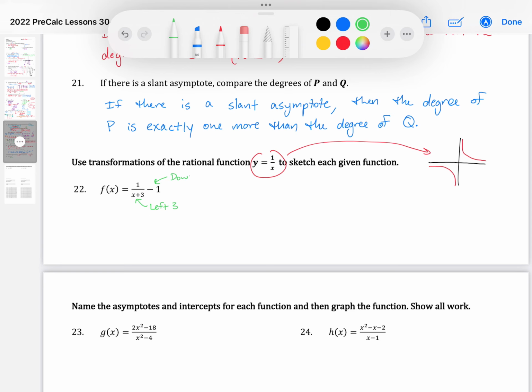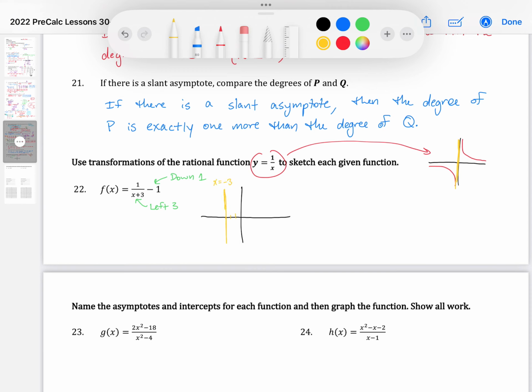This minus 1 is going to move everything down 1. So by everything, the easiest way to do this is to start with that parent graph and then just move your asymptotes. So the x equals 0 vertical asymptote that we usually have here is going to move left 1, 2, 3 and be at x equals -3.